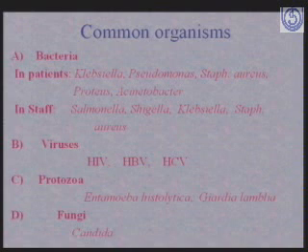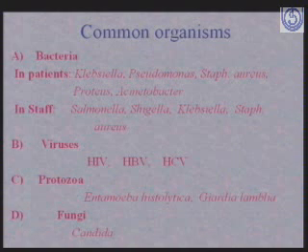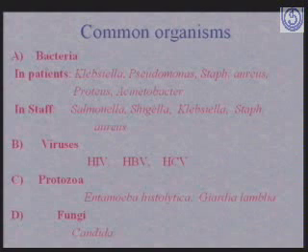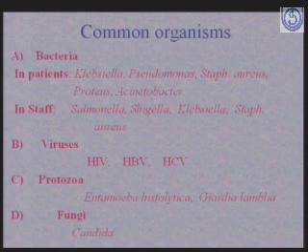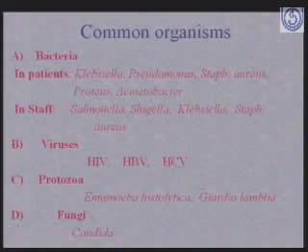While in staff, the common organisms include Salmonella, Shigella, Klebsiella and Staphylococcus aureus. And viruses like HIV, the hepatitis B and C viruses. Protozoa include Entamoeba histolytica and Giardia lamblia commonly. Both of these cause diarrhea. And among the fungi, we have Candida being the commonest fungal infection.